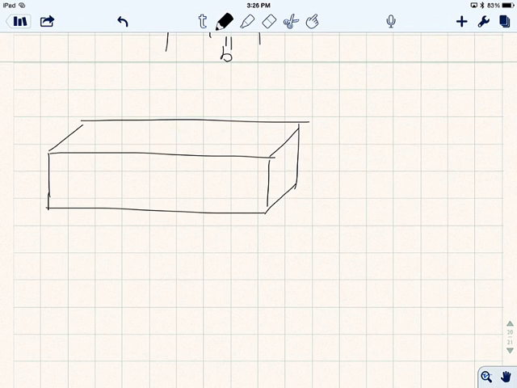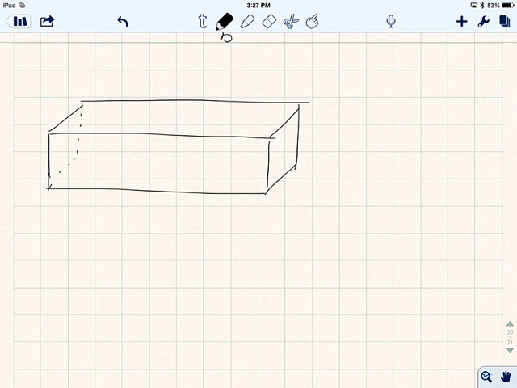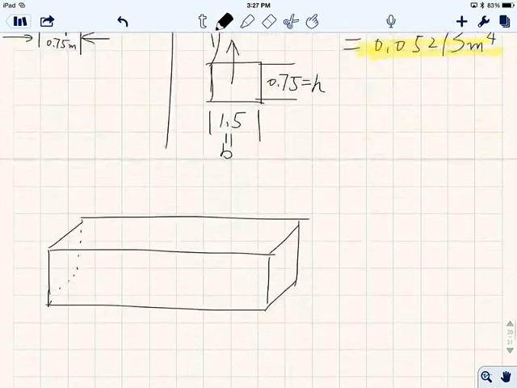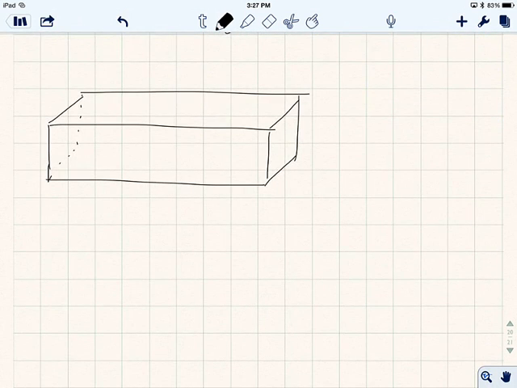To show you, everything okay? Anything wrong? Or you guys didn't get to write down the notes? Okay, so this is our beam, right? And this is coordinates. All right, and this is force.